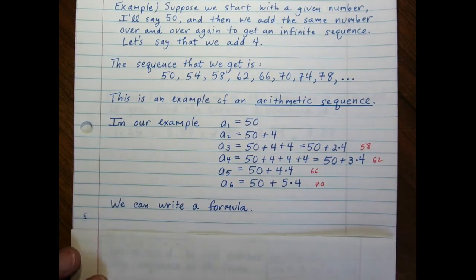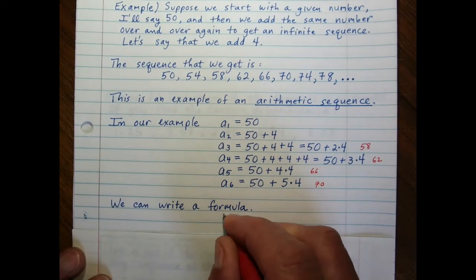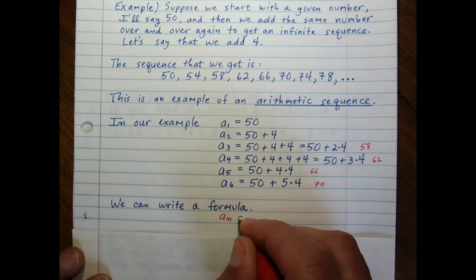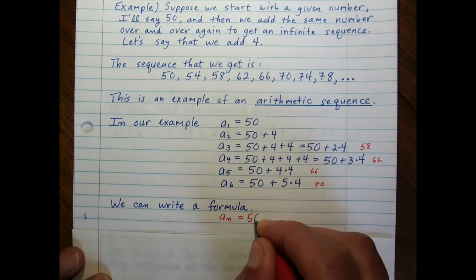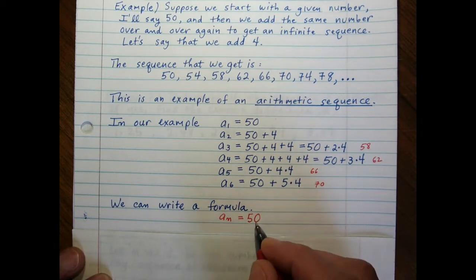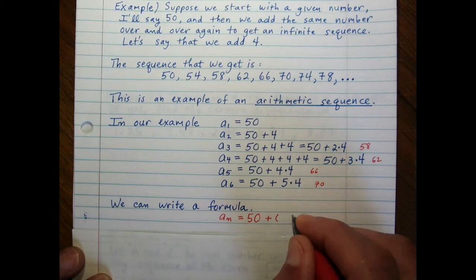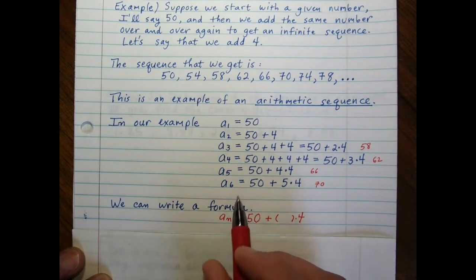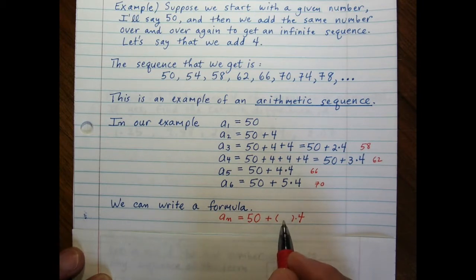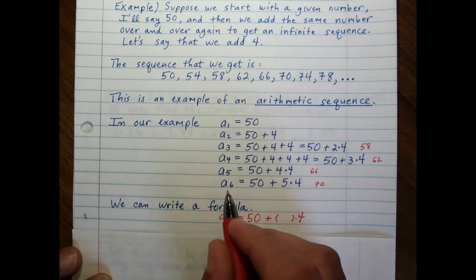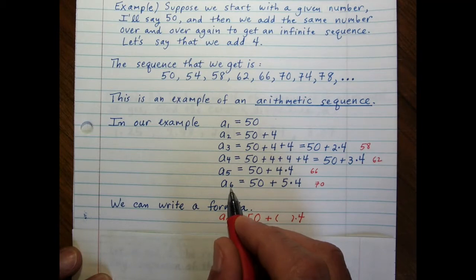And so we can actually turn this into a general formula for a sub n. We could just say we take that first term, 50, and we're going to add on that number 4 so many times. Now, the one thing is, the number of times we add on a 4 is always 1 less than the subscript on this term that we label here.